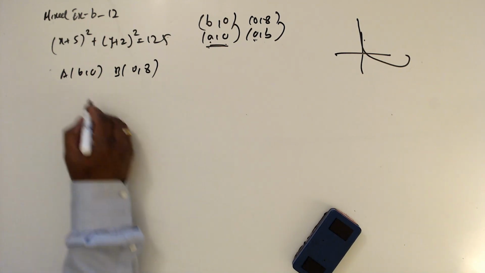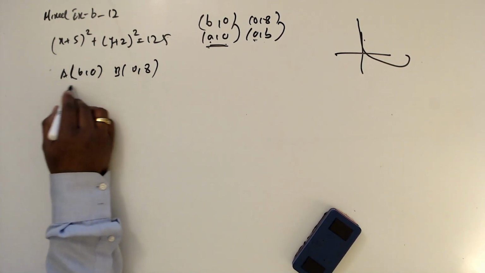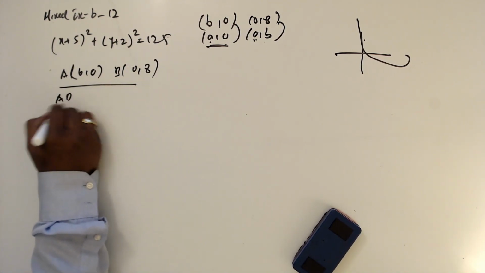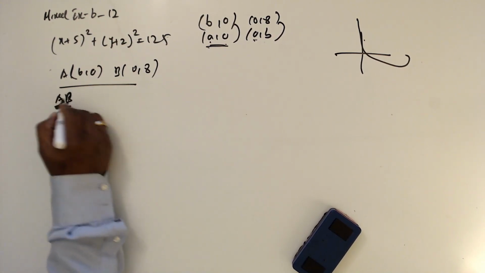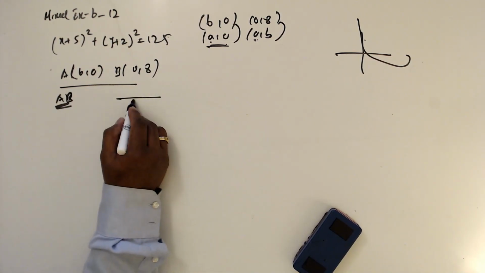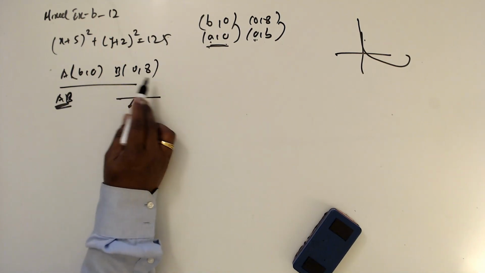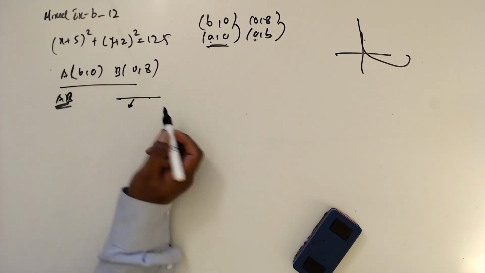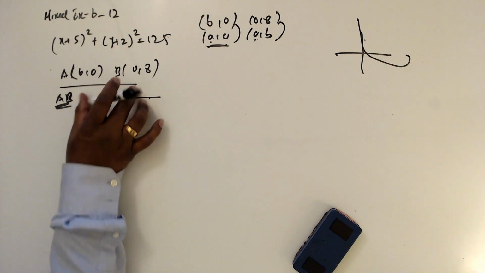Now we want to find the equation of AB. So we need 2 points and a gradient. And now we have 2 points.